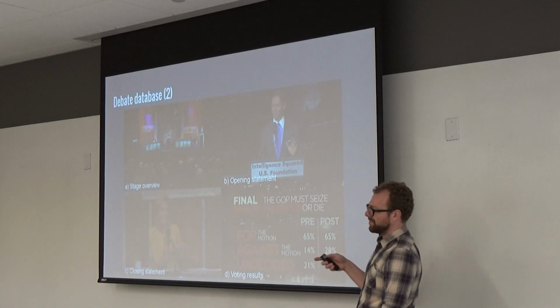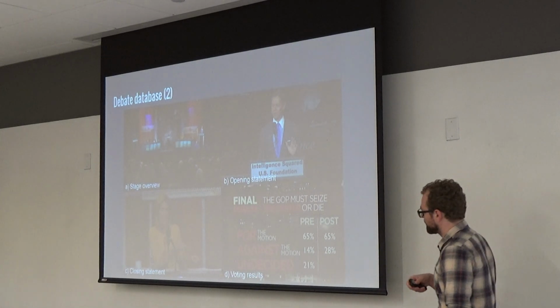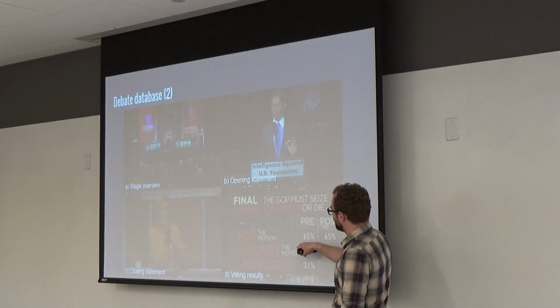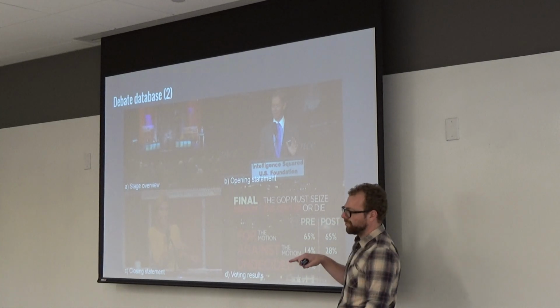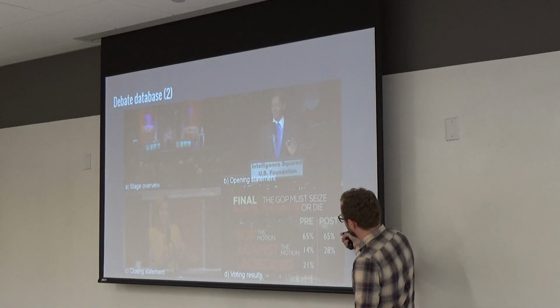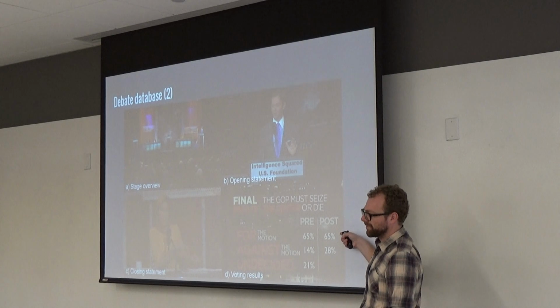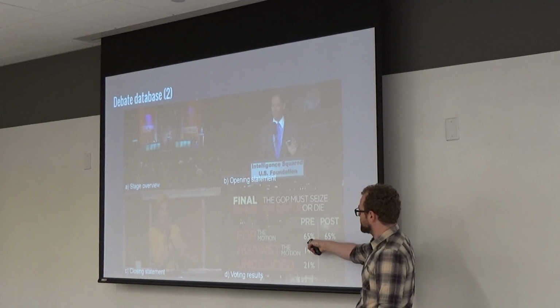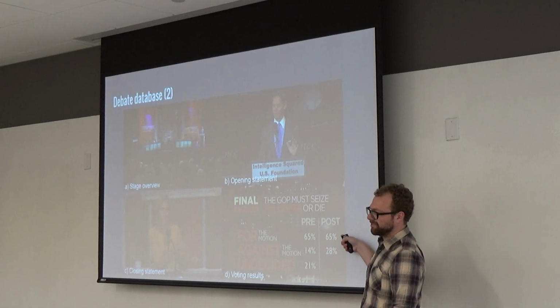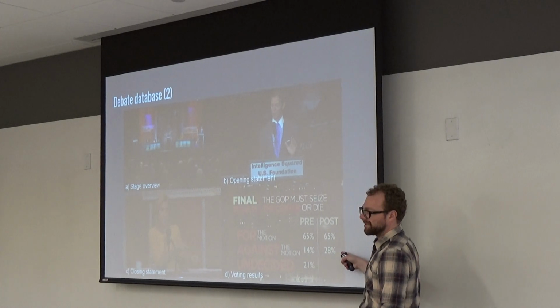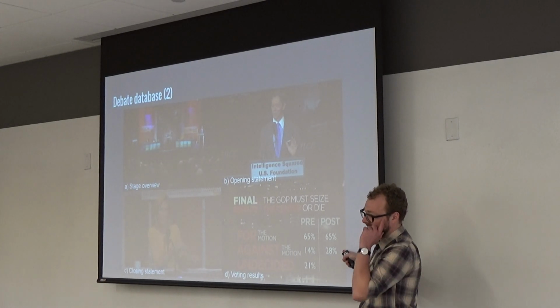But this is not how Oxford-style debating works. The actual winner of the debate is not defined by who gets the most votes, but who changes the opinion the most. These guys changed the opinion from pre to post by 0%, but these guys doubled their percentage. They gained 14%.